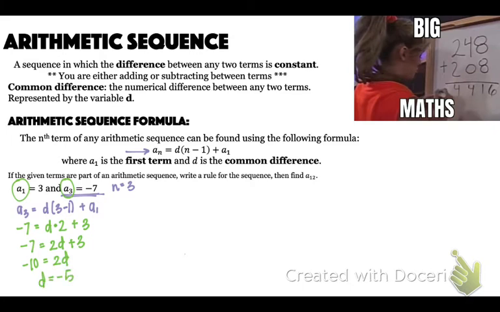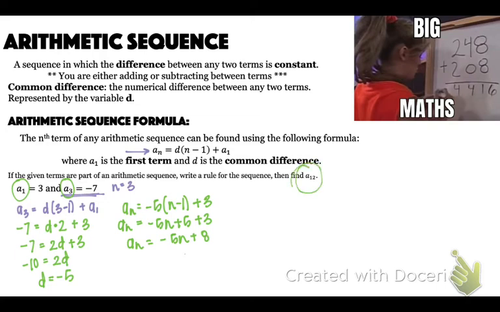Okay, so now I can write a rule for this. a sub n equals our d value, which is negative 5, times n minus 1, plus the first term, which is 3. So this is going to be a sub n equals negative 5n plus 5 plus 3, which is a sub n equals negative 5n plus 8.